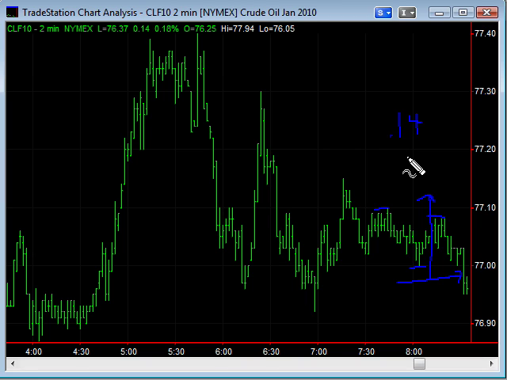Well, on one contract of crude oil, that's a risk of $140. That is the smallest amount of risk that a trader can take, because in futures you cannot have less than one contract. So that is the problem about commodities.